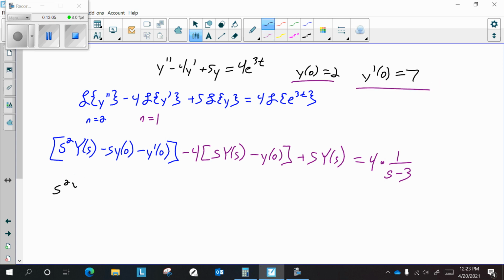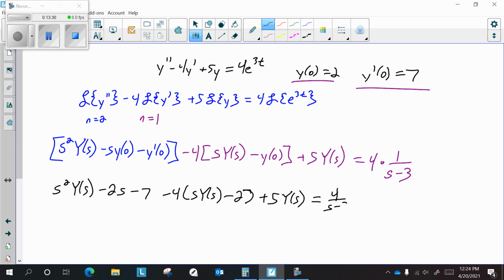So we have s squared Y minus s times y of 0, so s times 2, minus our y prime of 0, and then 4 times s times Y minus 2, plus 5Y of s equals 4 over s minus 3.